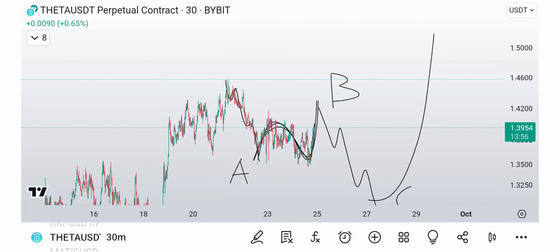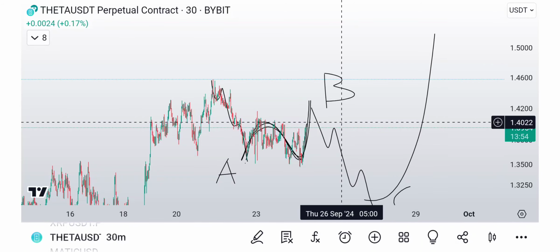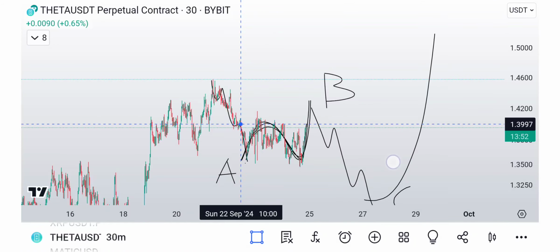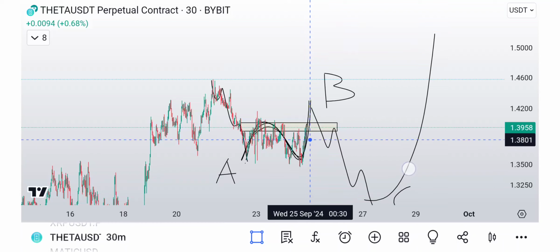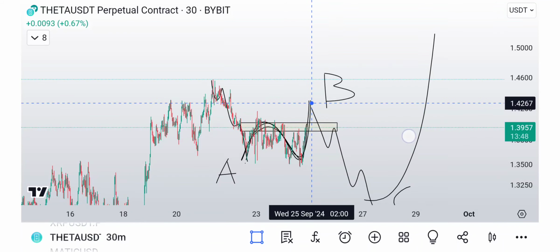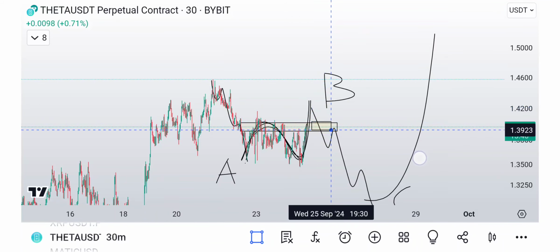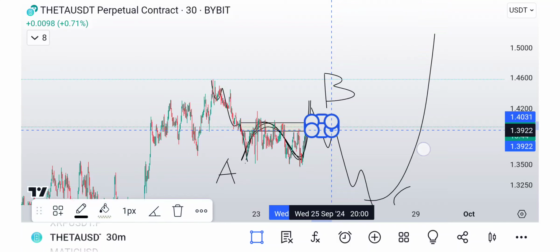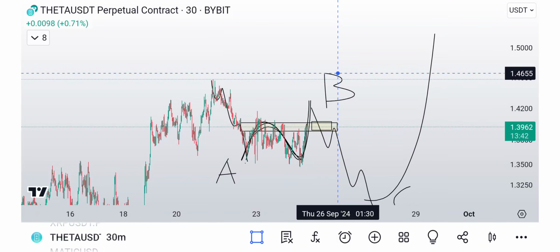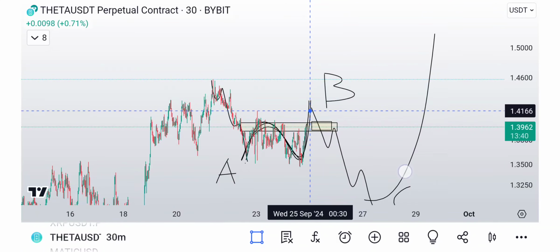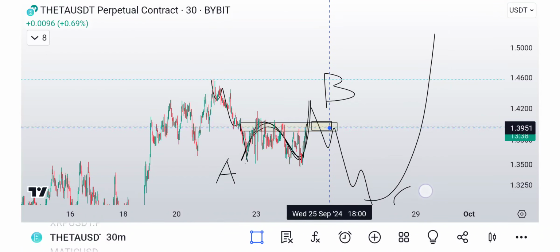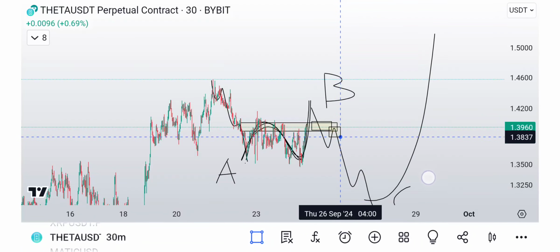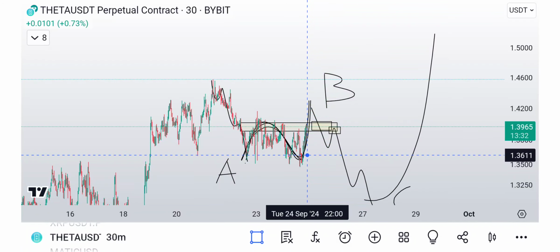Now, how will that be invalidated? Very simple. We just draw a line here, right? If we break out and we hold this area and we backtest it and hold it as support and we continue rocking it, then it's most likely invalidated. But if we fall through it and we get rejected right here and we start coming down, then obviously it puts it in play. So it's all about move to move to move.